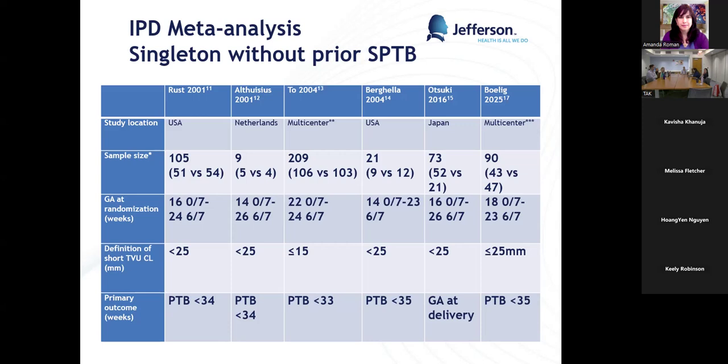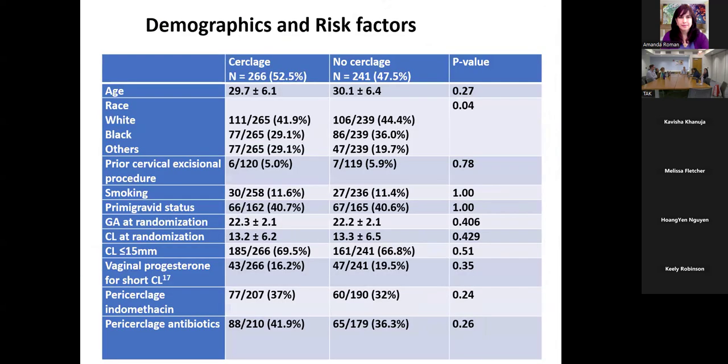I wonder how this paper will be interpreted by the reviewers and the editors. But in the end, you have 500 of these patients, of whom about half got cerclage and the other half got no cerclage. Their characteristics were the same; race was different.